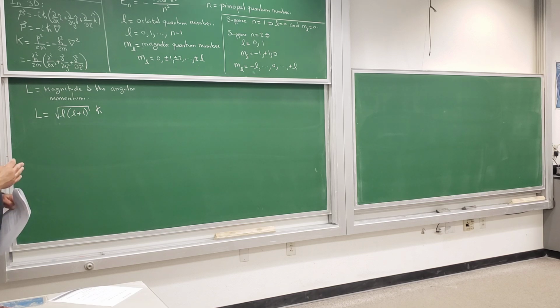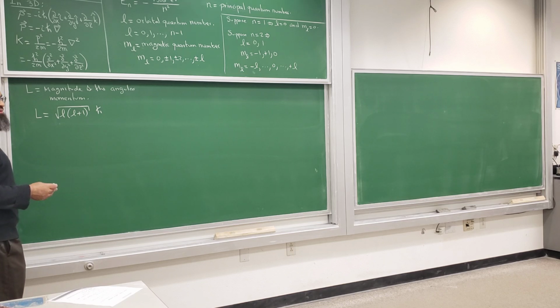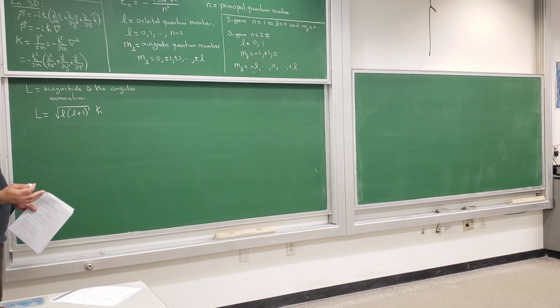Now the Z component of the angular momentum, we usually choose one axis to find the Z component. We could have chosen the X axis or the Y axis, but usually people choose the z-axis because when you apply a magnetic field, the energy levels split.